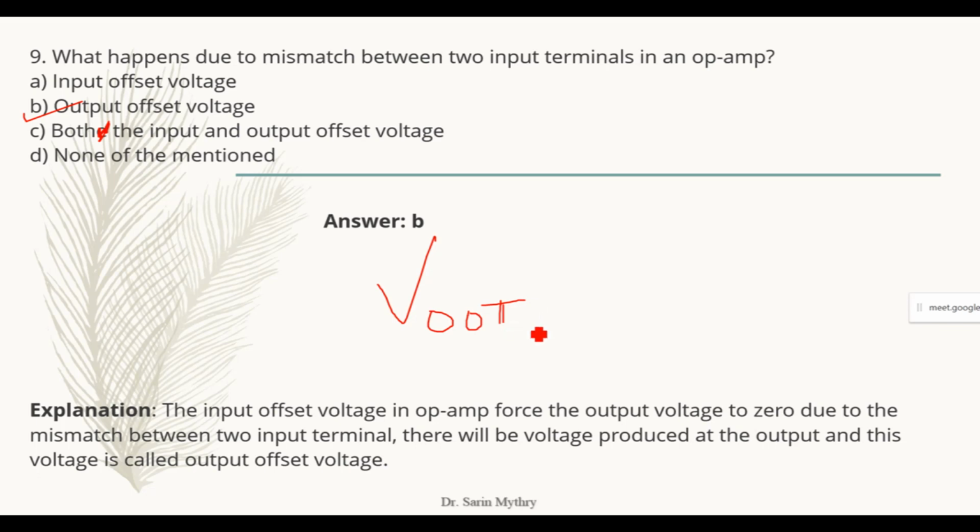If you remove this T, it becomes the output offset voltage and input offset voltage, which you have studied as VOO and VIO. This is the input offset voltage and the output offset voltage. So option B is the correct one here. Whenever there is a mismatch between the two input terminals, output offset voltage will exist. Option B is the correct one.